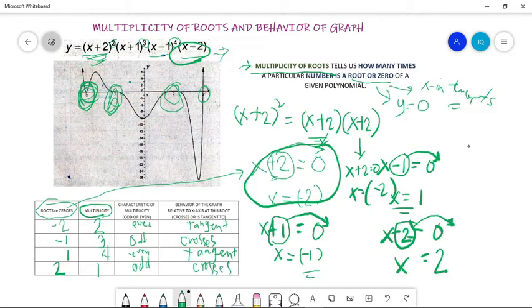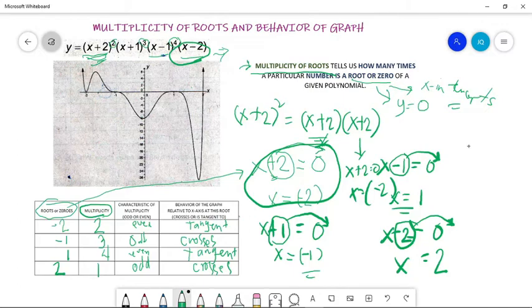If you have noticed, if the multiplicity is greater than 1, it has a flat part as it crosses or touches the x-axis. But if the multiplicity is 1, it just passes directly through the axis. And another thing you may have noticed is when the graph crosses or is tangent to the x-axis.